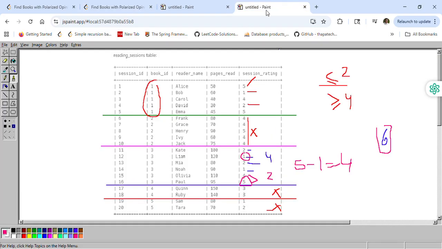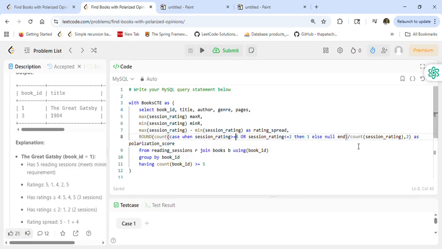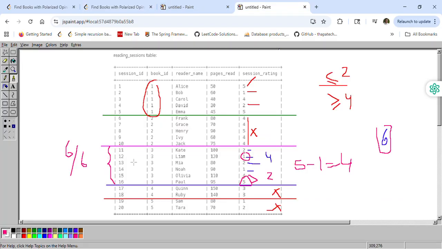So once you count it, you will get all these conditions satisfied, and the total number of records will be 6 that you count. And then you have to count the actual total number of records also, so that you can calculate that. So here you are counting the session rating, the total number of session rating records, and we are grouping by the book ID, so you will get 6 here.